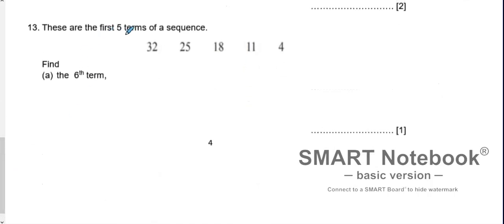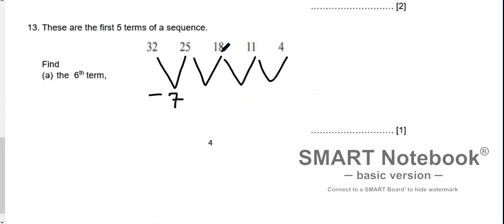These are the first 5 terms of a sequence. Find the 6th term. So you have to find the term to term rule. From 32 to 25 is subtract 7, also subtract 7, subtract 7, subtract 7.